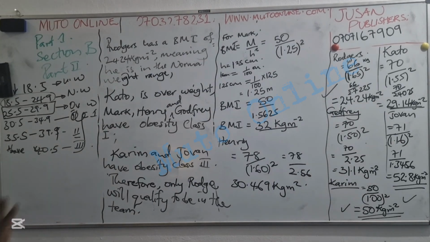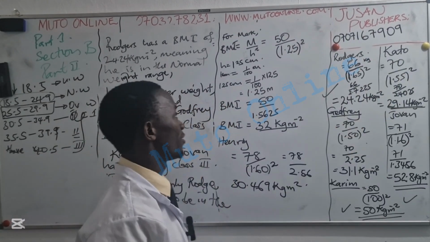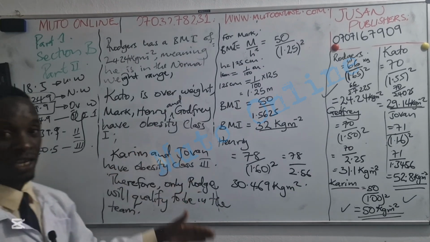From all the calculations we made, only Rogers will qualify because the requirements of the sports teacher were very clear that he only wants players with normal body weight. And Rogers is the only person within the range.